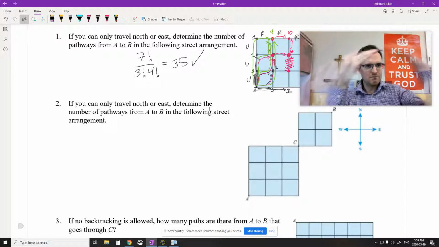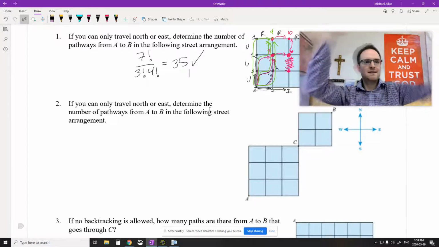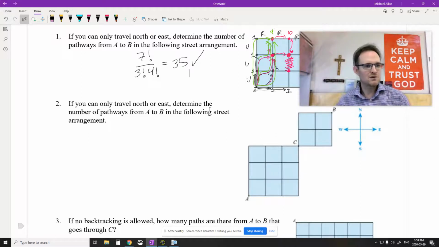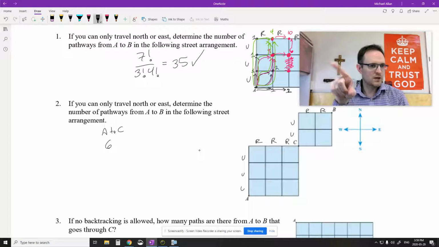They're just coming this way. So if I get to C, then from C, there's this many ways to get to B. So I'm just going to multiply those two. Okay. So in this one, I have up, right. And then this one I have up, right. So I'm just going to do both of them independent of each other. So from A to C, I have 6 ways. I had 6 paths I had to take. 3 ups, 3 rights, 6 factorial.